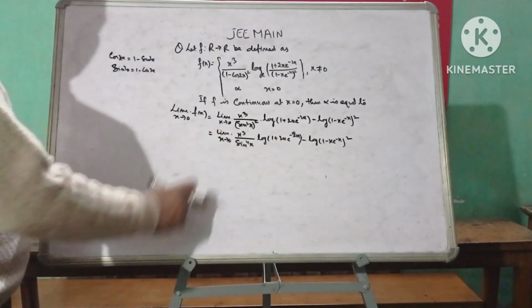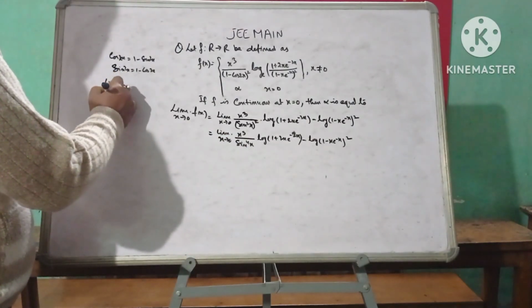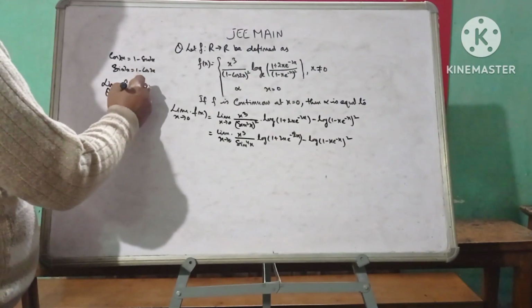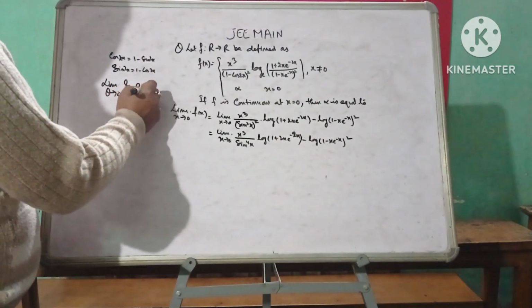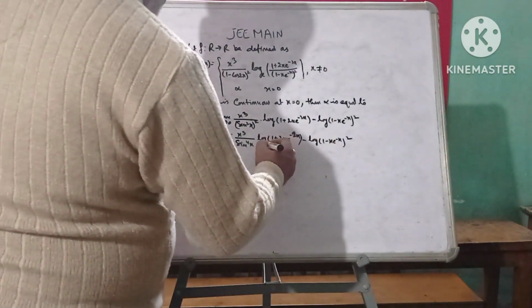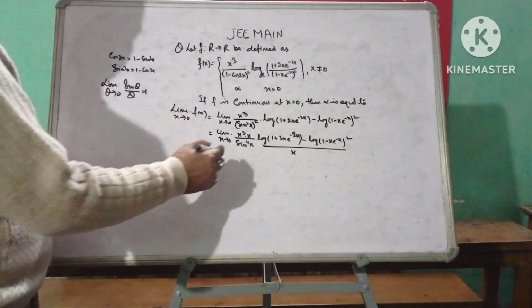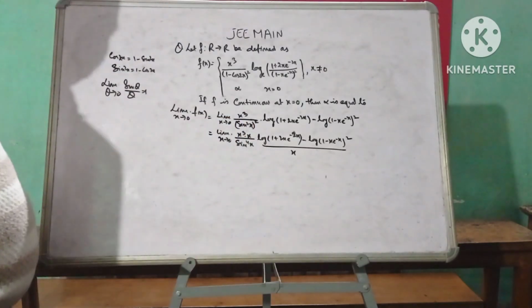In order to eliminate this, we are going to take the help of limit theta tends to 0 of sine theta by theta equal to 1. We divide and multiply by x, so x to the power of 4, and if you take this limit, this becomes 1.